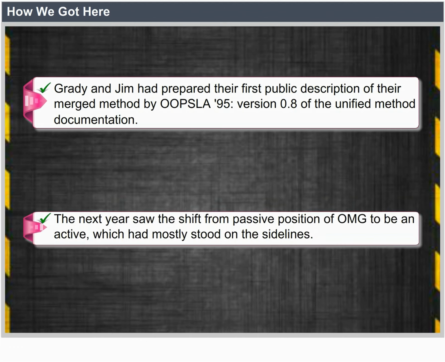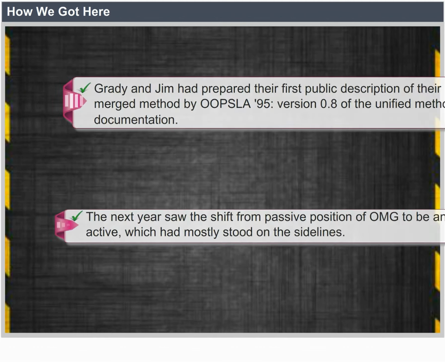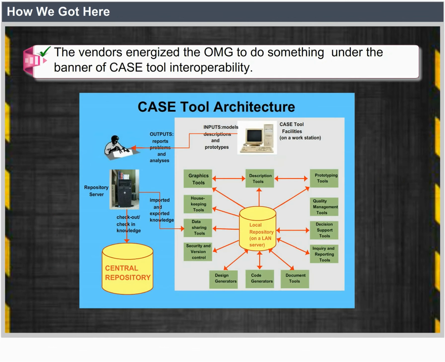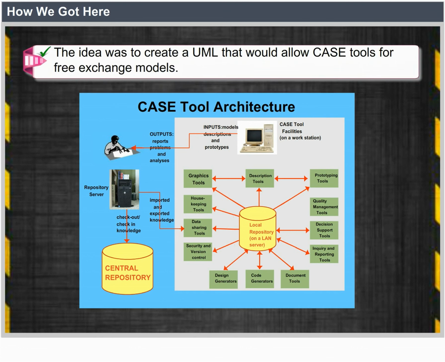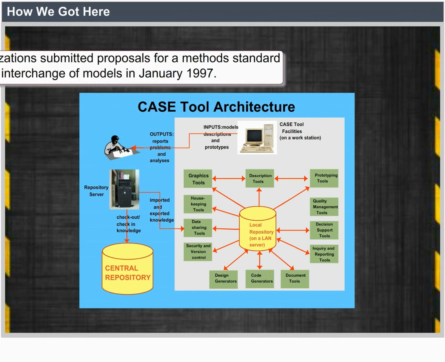The next year saw the OMG shift from a passive position, where it had mostly stood on the sidelines, to an active one. The vendors energized the OMG to do something under the banner of case tool interoperability. The idea was to create a UML that would allow case tools to freely exchange models.